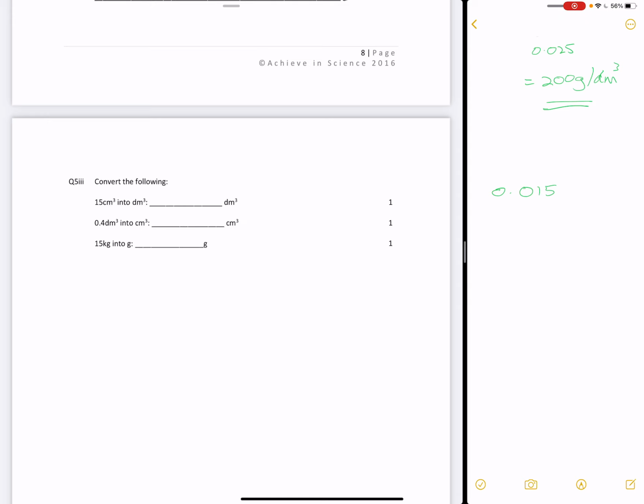Next one, 0.4 litres is 400 centimetre cubed. And the final one, 15 kilograms is 15,000 grams. And that is a quick revision of our lesson on topic 3 AQA. Okay?